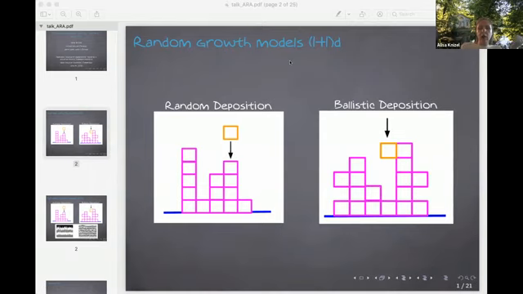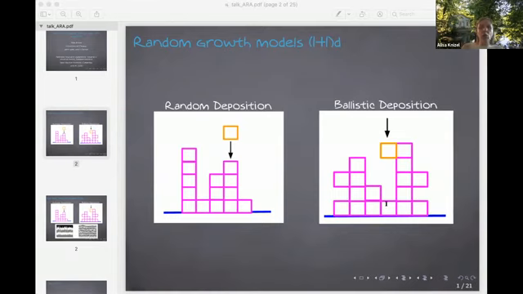The falling of the cubes occurs in time according to an exponential distribution. So this is the model. This is a Markov process, and it's quite simple to analyze since each column grows independently.